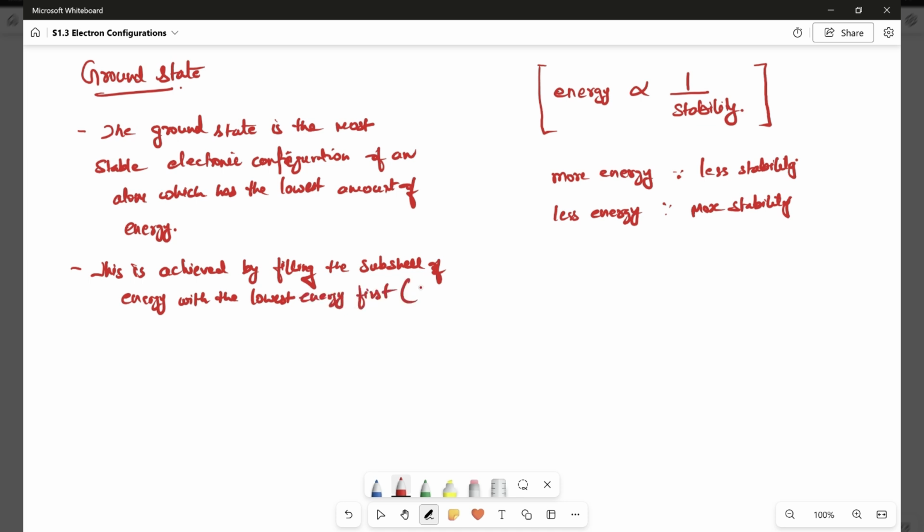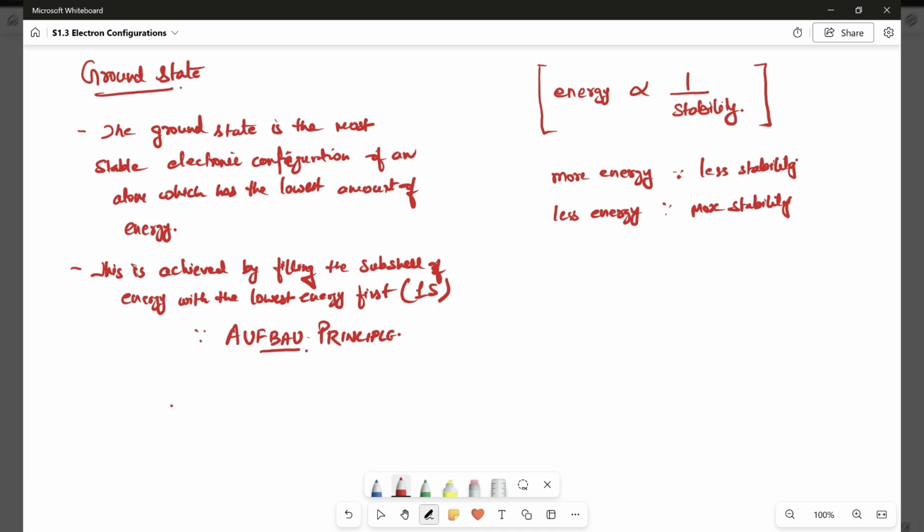That means from 1s. And this is called the Aufbau principle, right? So the order of the subshells in terms of increasing energy does not follow the regular pattern.